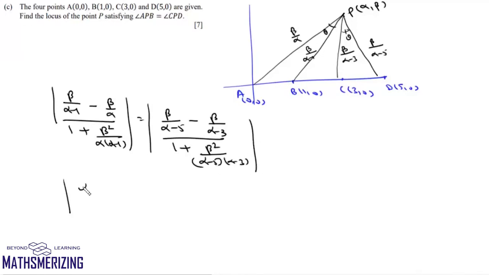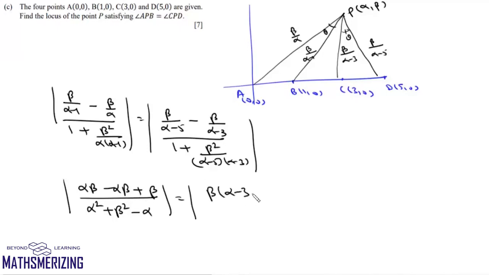So we can write this as alpha beta minus alpha beta plus beta, upon alpha square plus beta square minus alpha, and here will be beta and then alpha minus 3 minus alpha plus 5, upon alpha square plus beta square minus 8 alpha plus 15. Now here alpha beta will cancel, here also alpha will cancel.